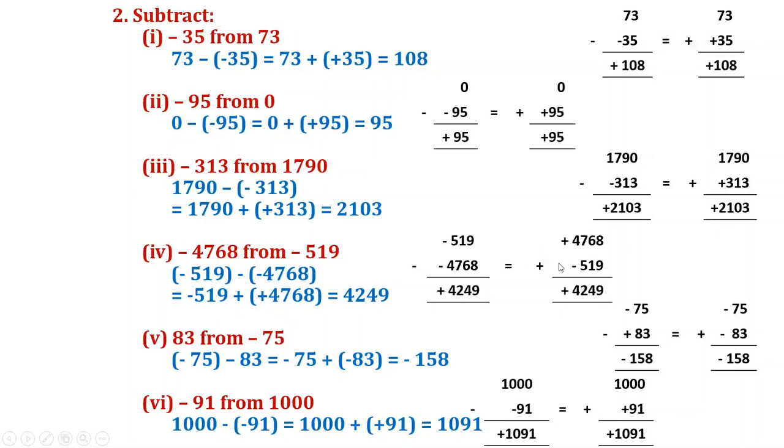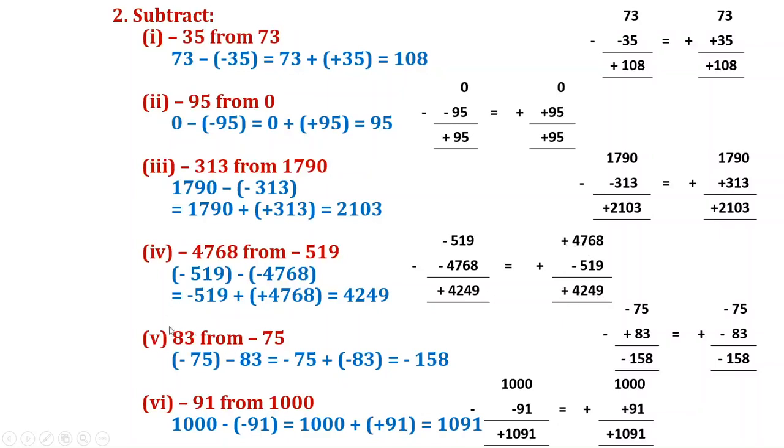See this right side here, you have to subtract 519 from 4768. So you are subtracting a smaller number from the bigger number, which is 4249. And which sign do you have to put in front of this? The sign which is in front of the bigger number, which is plus here. So plus 4249.